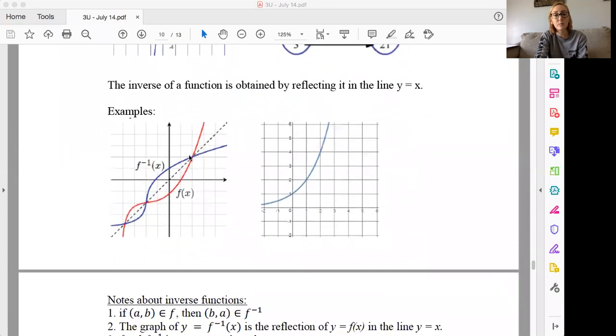For example, we have our reflecting line here, which is y is equal to x, and it becomes like a mirror. We have our original function, that's our red, and then the blue is our inverse function. That's what happens when we switch the points: your x becomes your y and your y becomes your x.